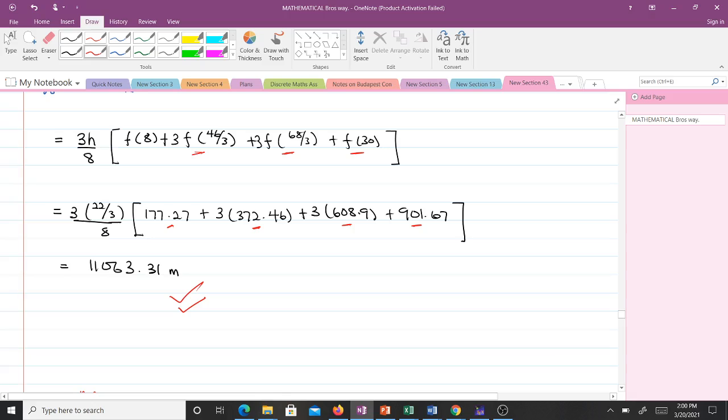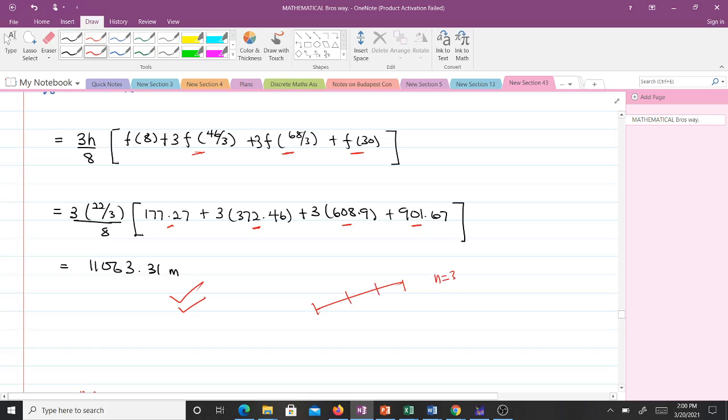So now let's extend it to when we have n being more than 3. Okay, alright. So we are going to the multiple segments. So with the Simpson's 3/8, we said that we need 4 points. So with a single segment, our n has to be 3.